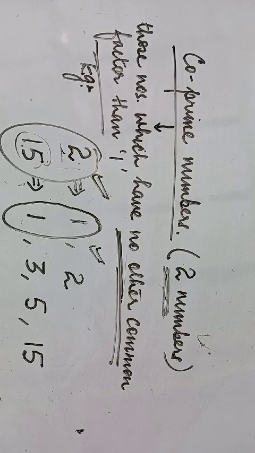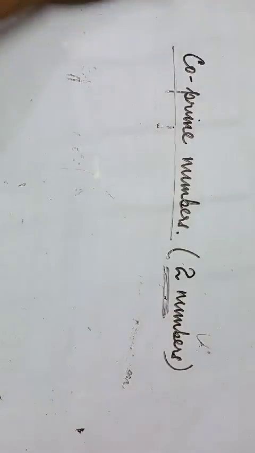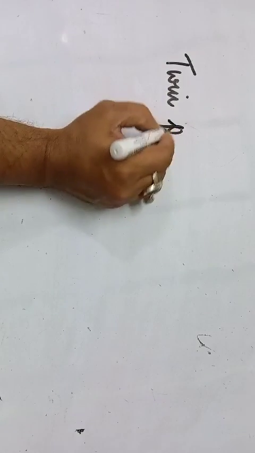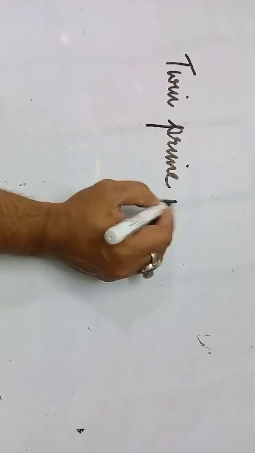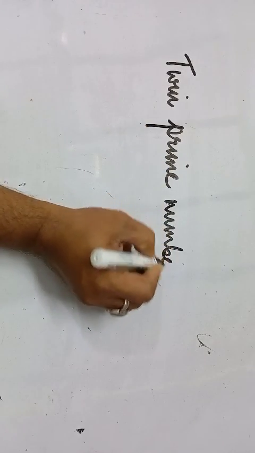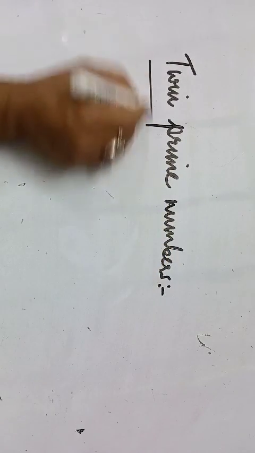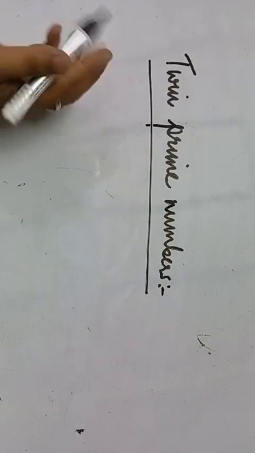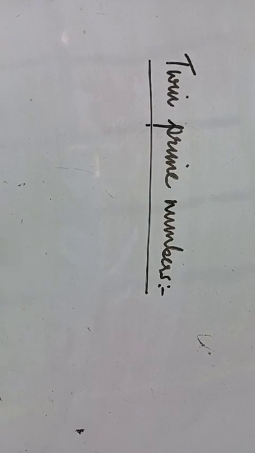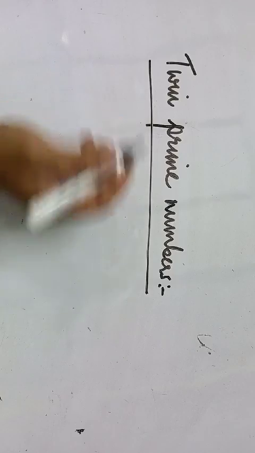Now comes the last part in this discussion, and that is something which most of the people might not even have heard. So it is this, what we call them as twin prime numbers. Okay, twin prime numbers. So what are twin prime numbers? So twin, again, it means two numbers will be there. So what are these twin prime numbers?